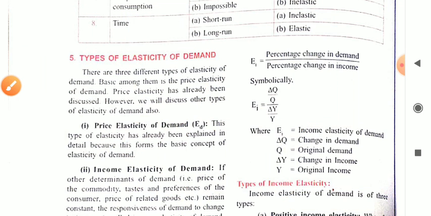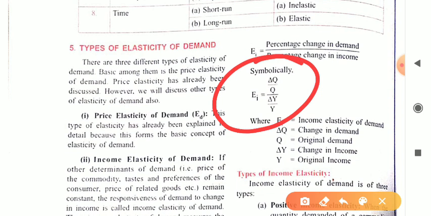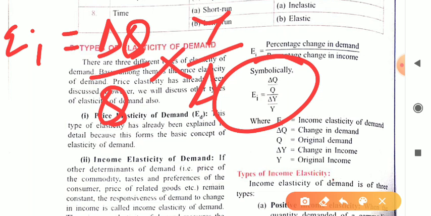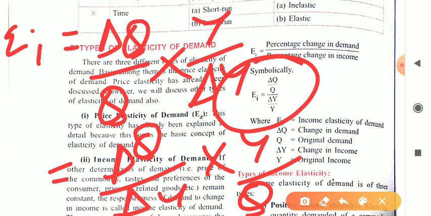And when we solve this equation, or when we take the reciprocal, we get EI equals delta Q divided by Q, and taking the reciprocal of the second term we get Y upon delta Y, which we can write as delta Q upon delta Y into Y upon Q. Both terms just shift their place.